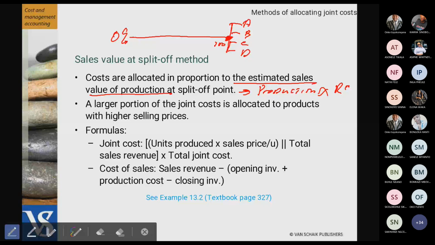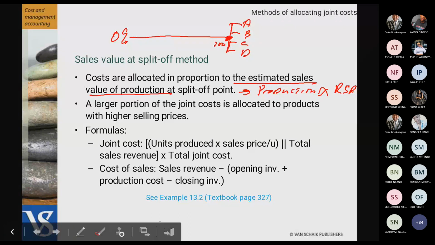I'm not saying sales here, guys, but production, because the understanding in a business is that whatever we produce, we are going to make sales with. So to work out the estimated sales, you take what is produced, the production, and multiply it by the selling price. Therefore, a large portion of the joint cost is allocated to products with a higher selling price. They give you the formula to work that out.